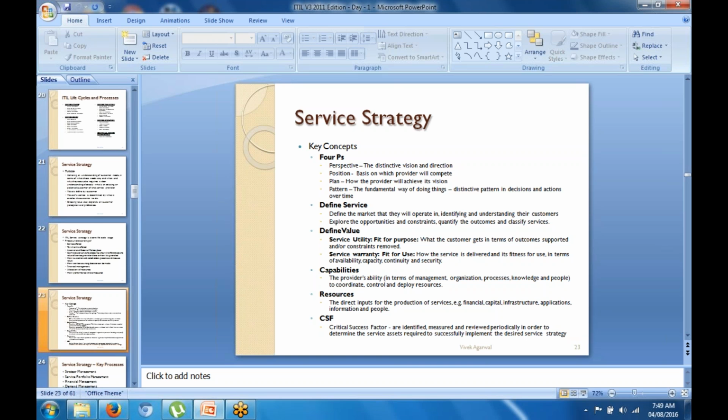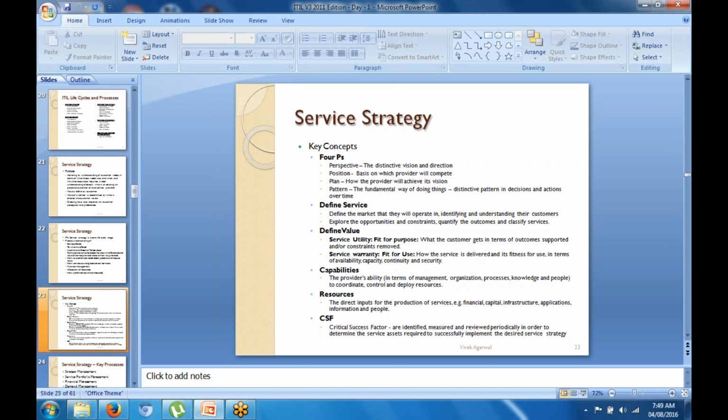If we are not defining this, then what is the difference from others? You are differentiating yourself from the crowd. That is what the 4P defines. Are you okay with me on this?